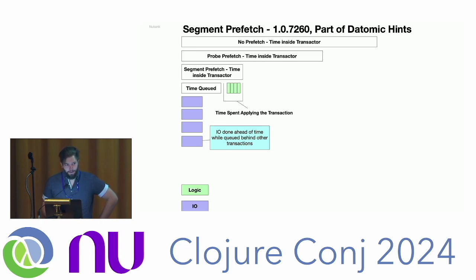So it feels a little dynamic in the sense that the harder we push transactions through the system, the more time we have to actually begin prefetching the I/O. It's something I still have to figure out, but I think it's an interesting idea.